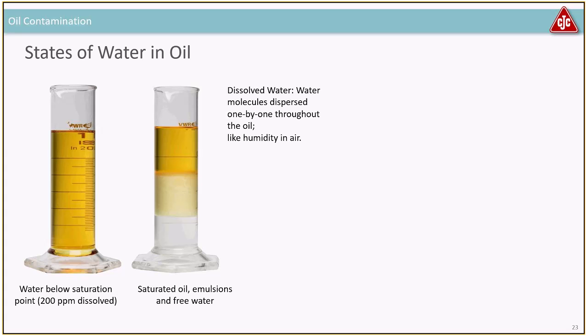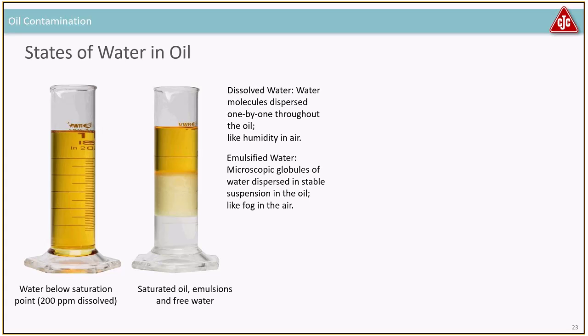Then if I add more water to the oil, I could create what is called an emulsion, similar to fog in the air. There you can start to see small globules that are creating small bubbles, and that will be some types of oil. Engine oil will create a lot of these emulsions.